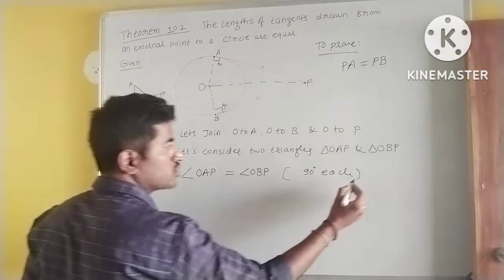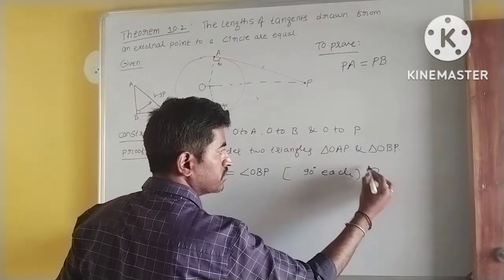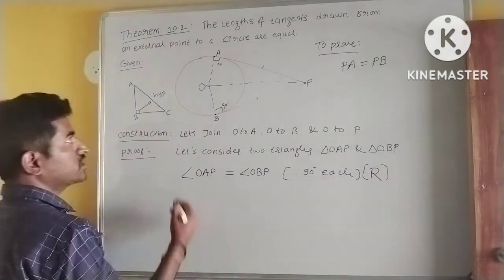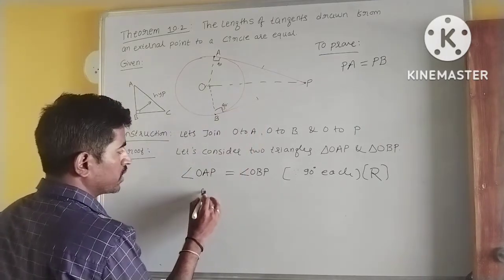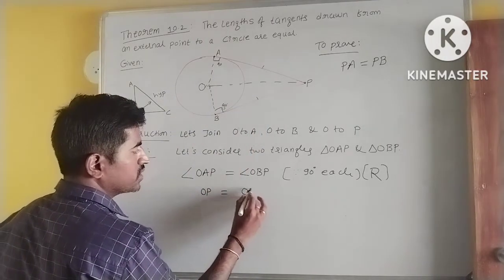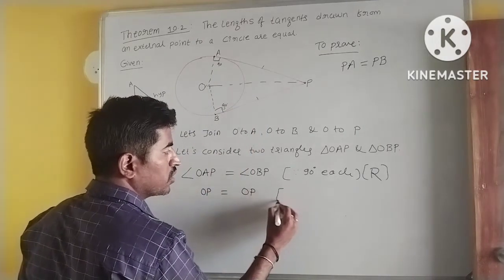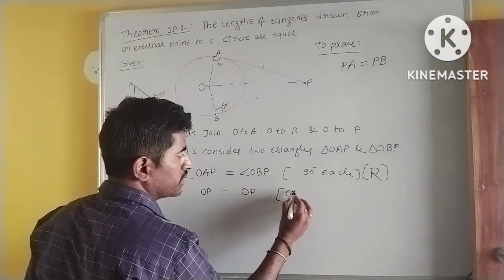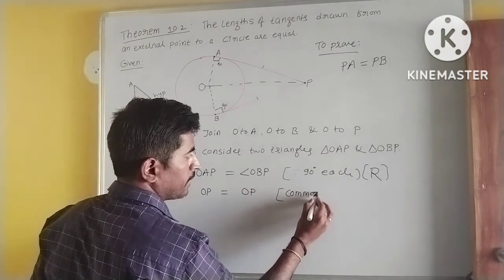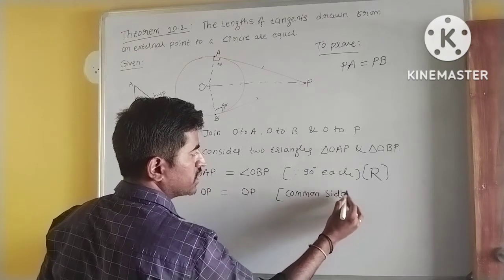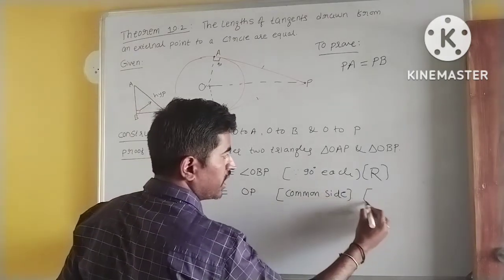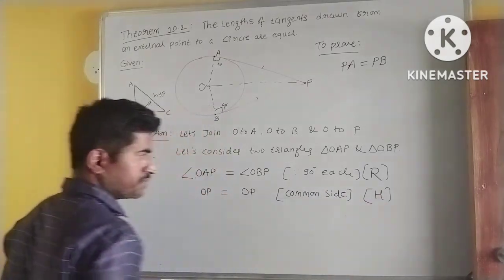And also we can write this is a right angle. Next, OP is equal to OP, right? Because common side. This is the common side in both the triangles. And we can write this as hypotenuse.